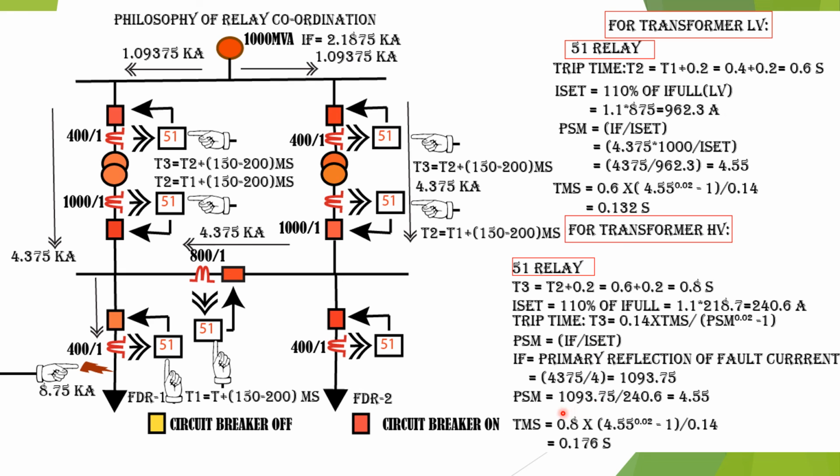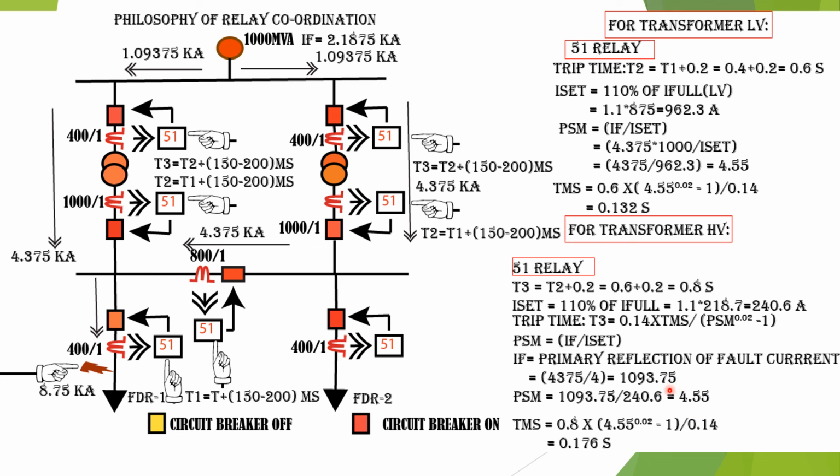So the PSM value comes as fault current divided by current set, that is 1093.75 ampere divided by 110% of the full load current, which comes as 240.6 ampere. So here the PSM comes as 4.55.